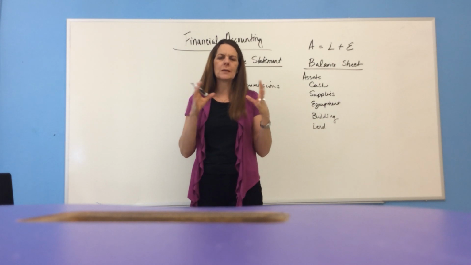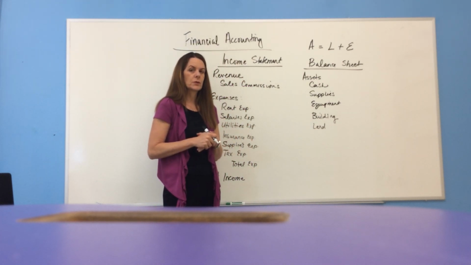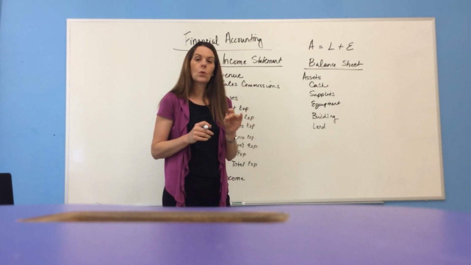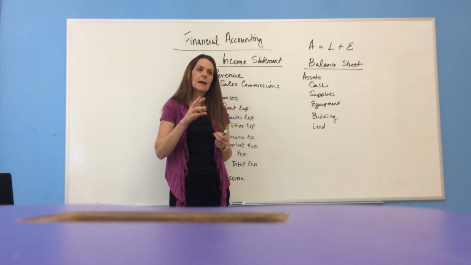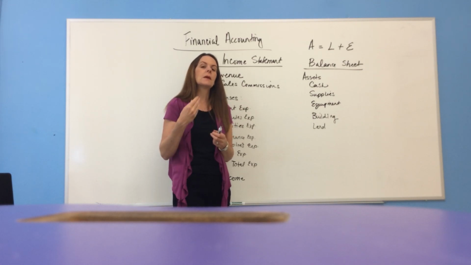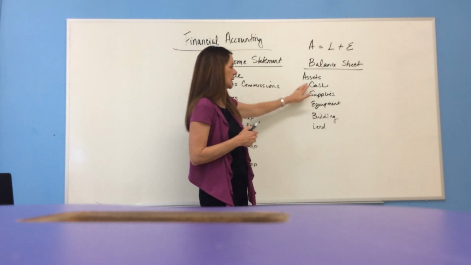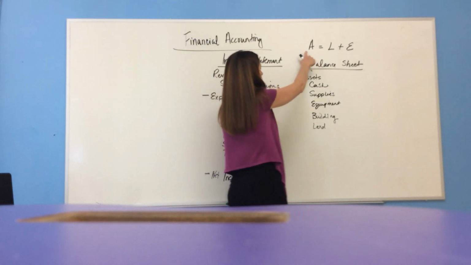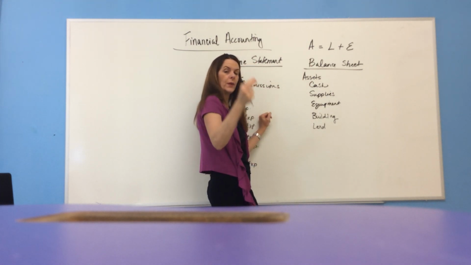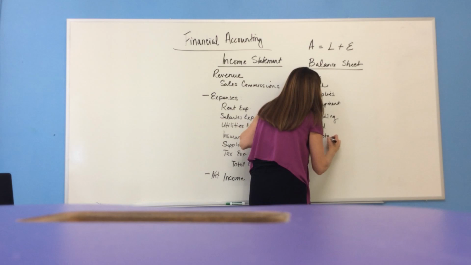So those are the major classifications of the assets that we're going to be using, at least for the first couple chapters. Remember, what is liquidity? Liquidity is either cash or how quickly something can be turned into cash or used during the period. So once again, listed in order of liquidity. Assets is going to be the one thing on the left side of the equal sign. So we'll write a total assets here.